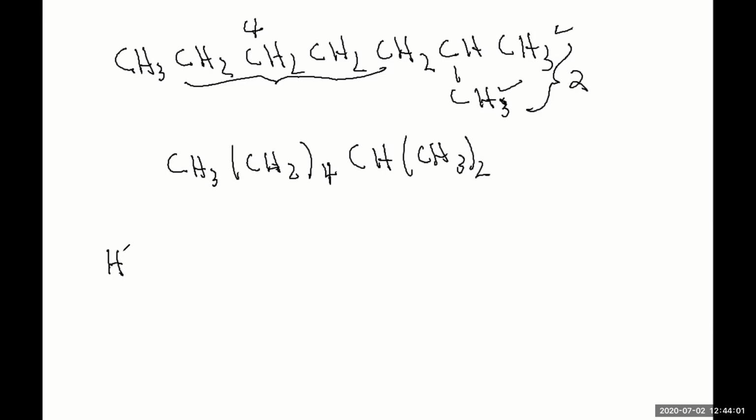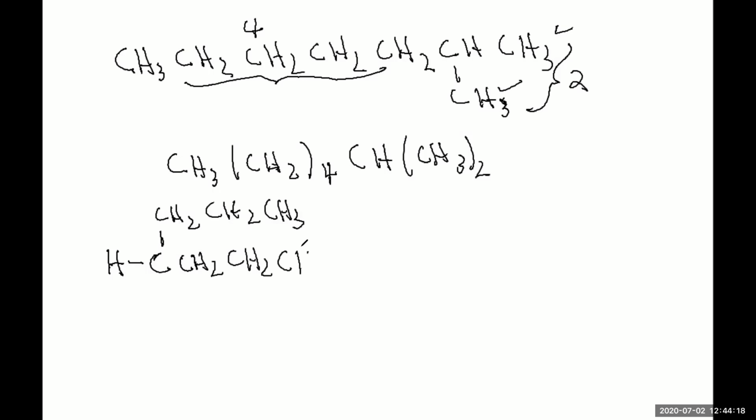How about this one here? CH3, CH2, CH2, CH3, and then CH2, CH2, CH3. Okay, so the trick on this one is to realize that these 3 groups are all the same.